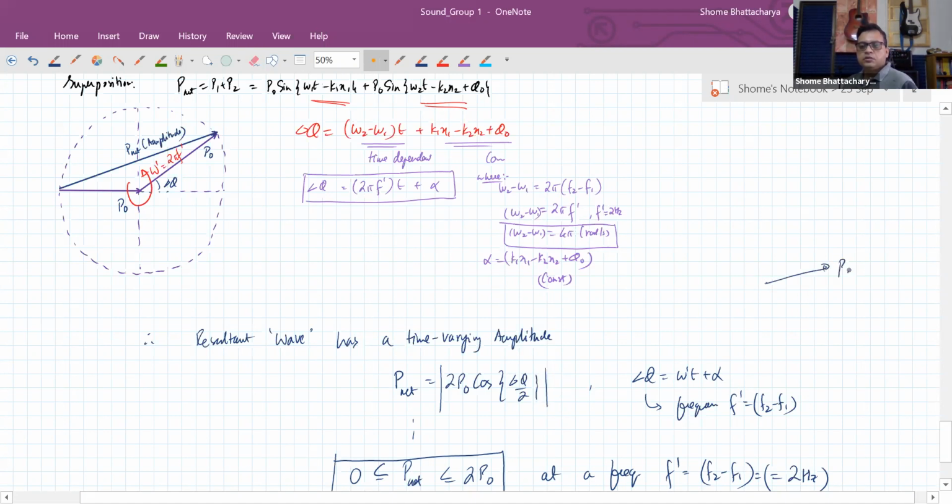P naught, P naught. Okay. This is delta phi. So I'm using that theorem, that rhombus theorem kind of thing. Okay. That theorem.